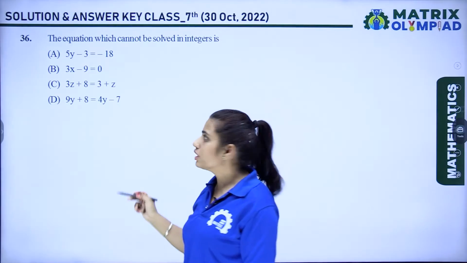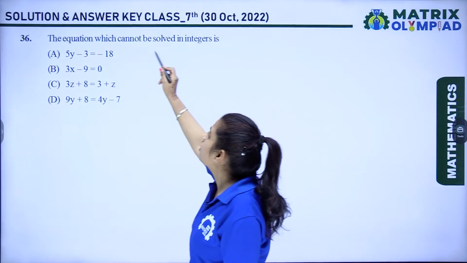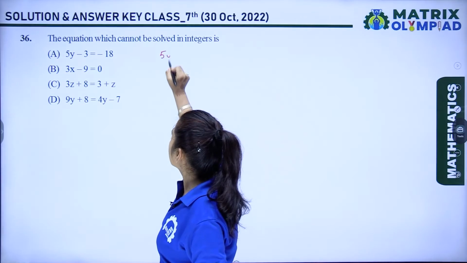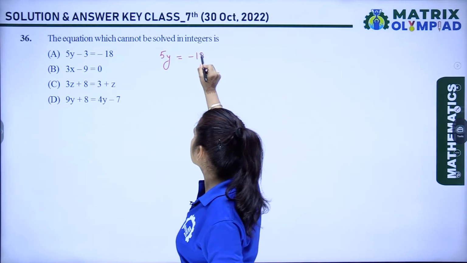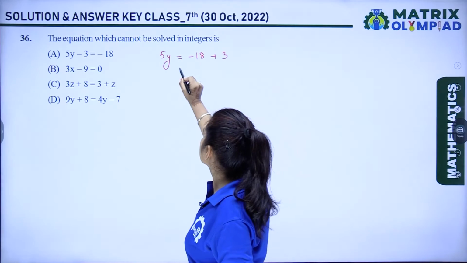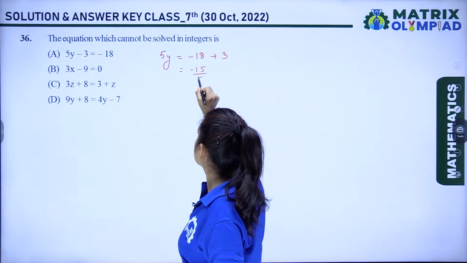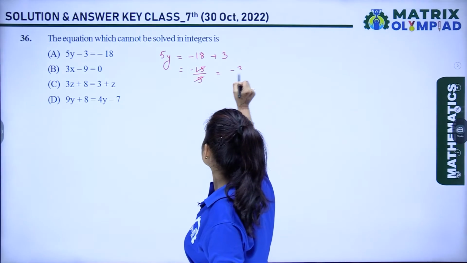Now let's solve the options and find out which equation cannot be solved in integer form. Now here 5y is equal to -18 + 3, which gives us -15/5, that is equal to -3.